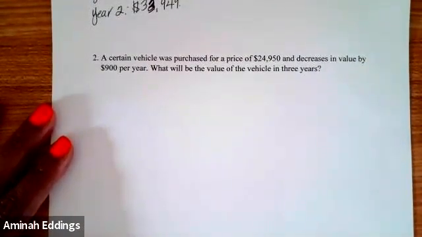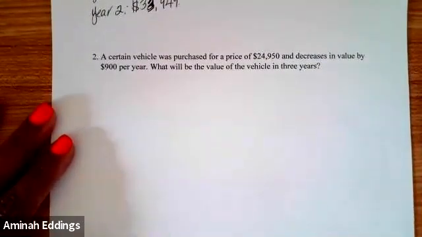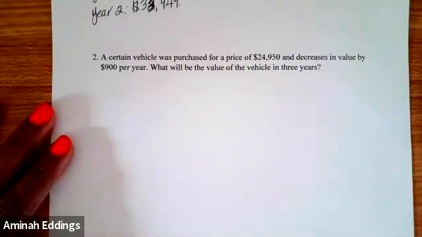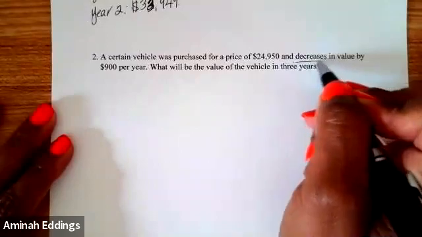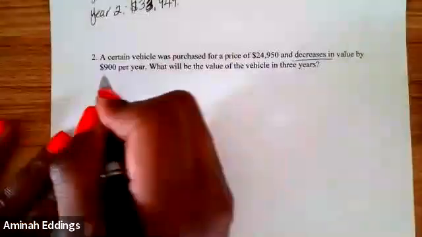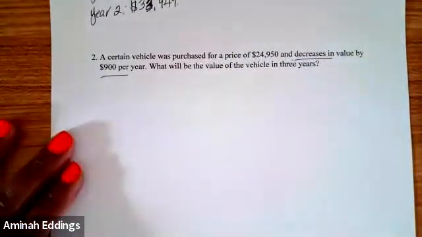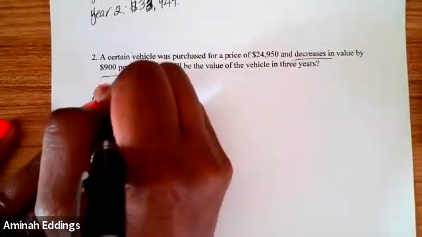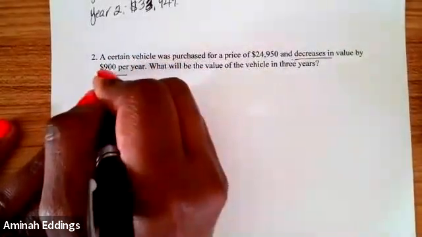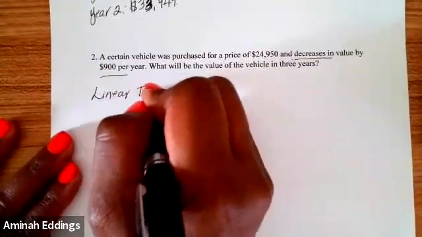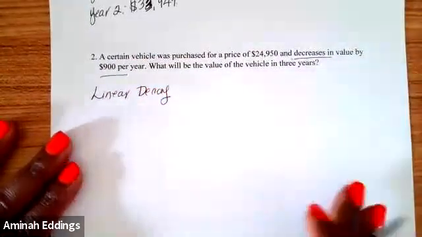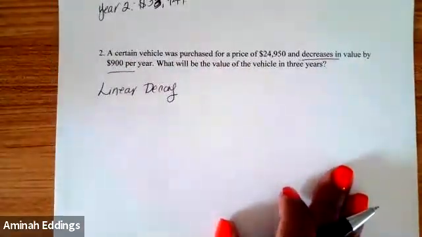Is it increasing or decreasing by a percentage or by an absolute amount? It's decreasing by an absolute amount. Very good. Yes. It's decreasing by $900 every year. So we call this linear because it's an absolute amount, but it's going to be decay because it is a decrease. Okay.